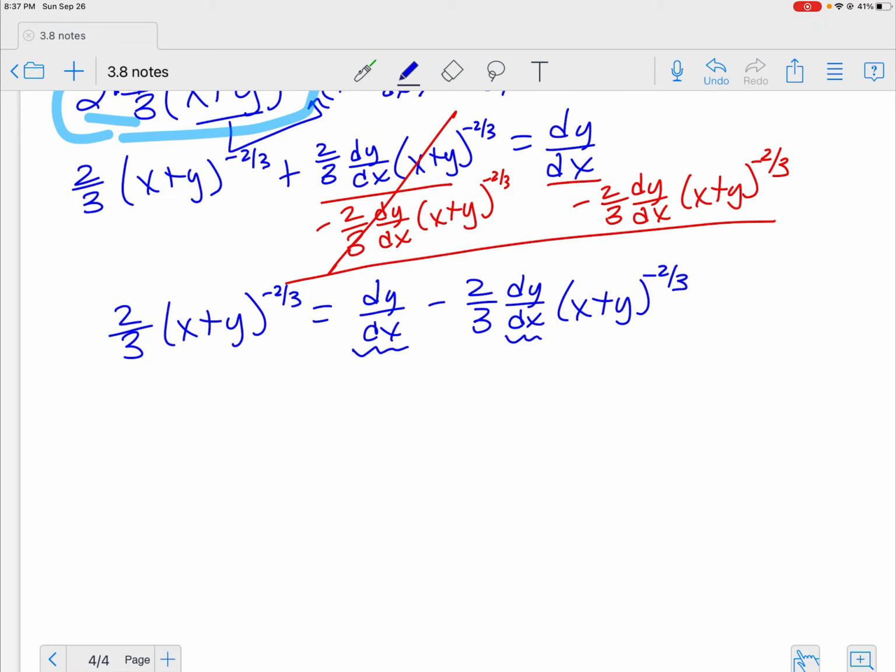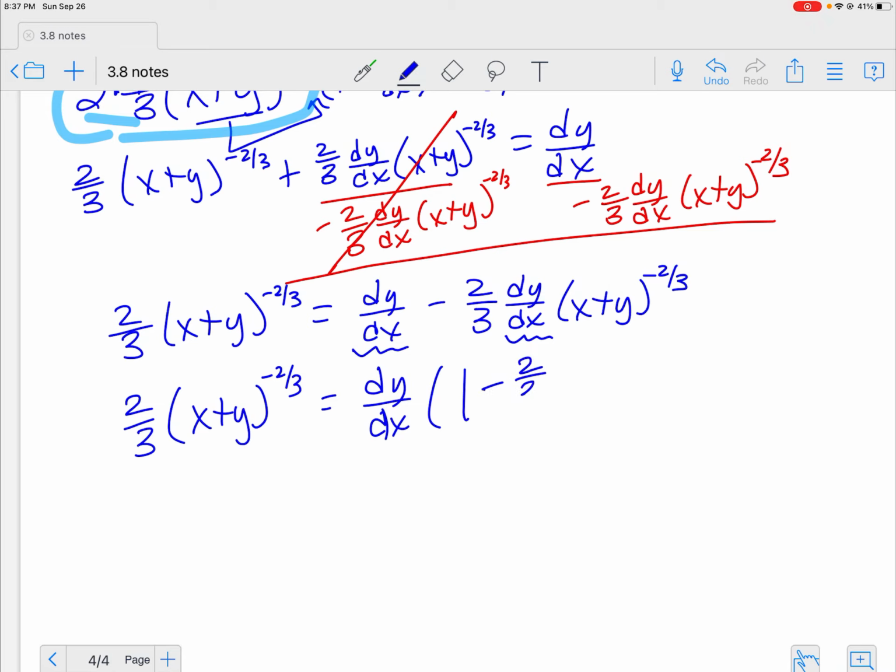Now I see I've got a dy/dx in common and we can factor that out. Remember, when I factor out this dy/dx, I've got two terms. You've got to still have two terms. So that's a 1. Don't forget that 1. People do it all the time. Hang on to that 1. 1 minus 2/3 (x plus y) to the negative 2/3.